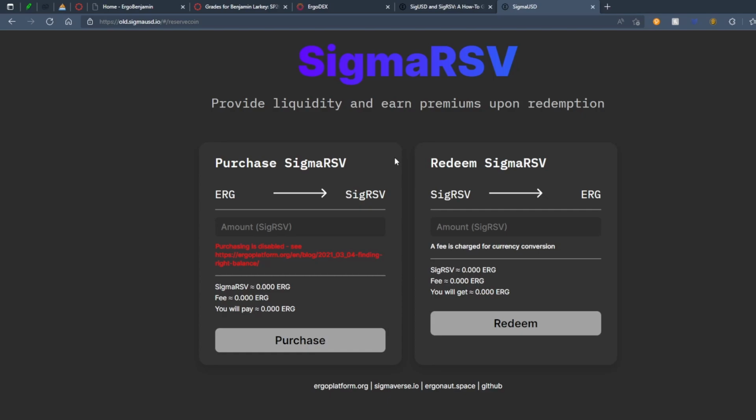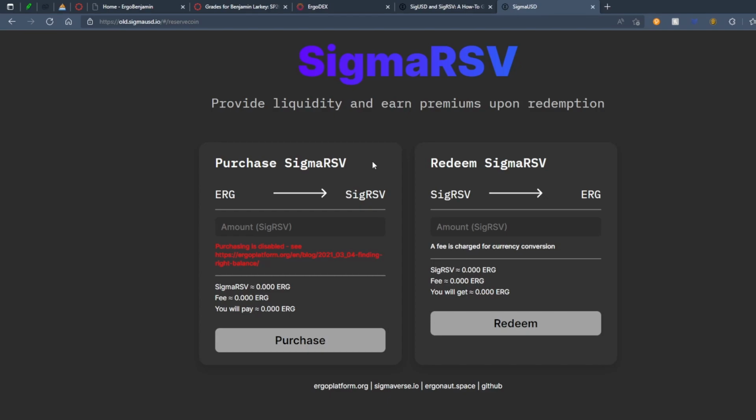Yes and no. If you have a lot of Ergo, you probably can make a lot of money, but I guess your definition of a lot of money has changed too. So if you're part of the 10,000 club compared to the 2,000 club, your definition of a lot of money is probably going to be wildly different. Or maybe it isn't. A lot of money for me is $10.